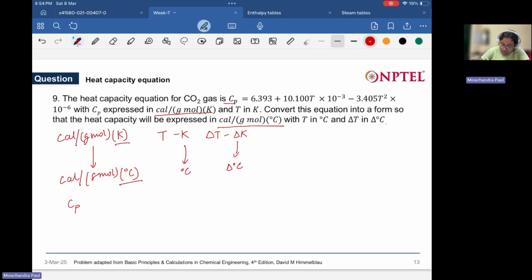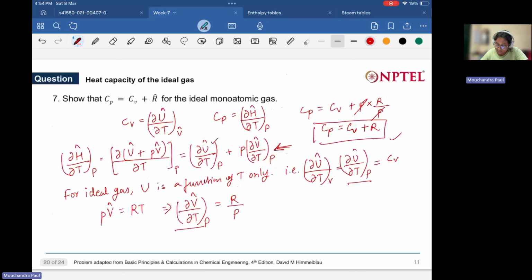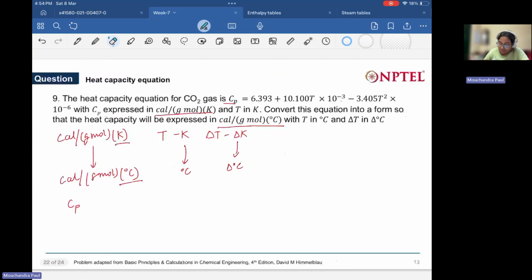Now Cp, if you know the definition of Cp, we have already discussed it. Cp is delta H by delta T, right?